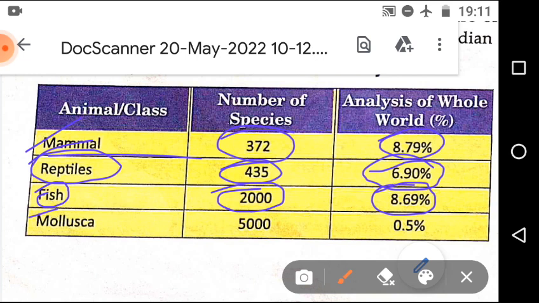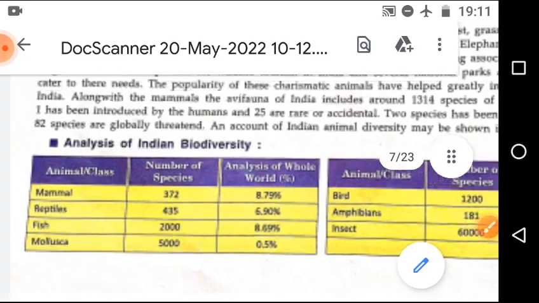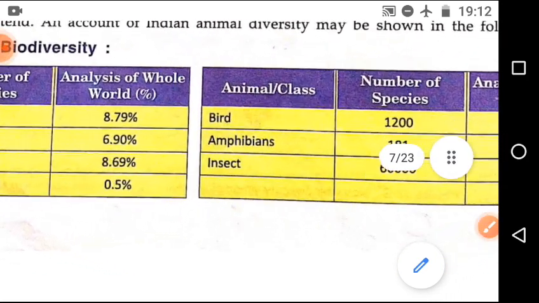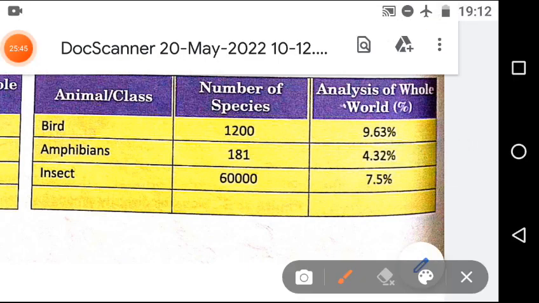The mollusca, which is another classification, another class. About 5000 different types of mollusca species are found, which contributes 0.5% compared to the world. Then other classes have been mentioned, like the birds, about 1200 different types of birds are found in India, which contributes 9.63% compared to the world.